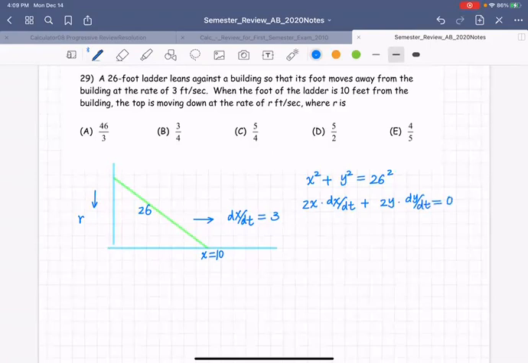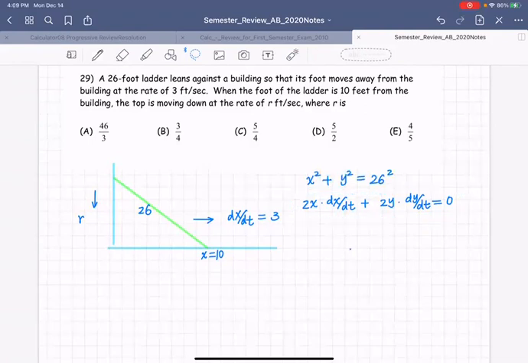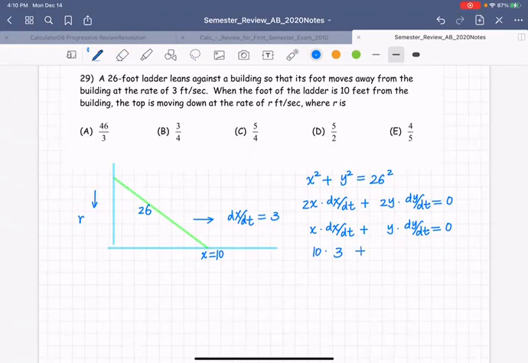Correct. And then I'm going to divide it by 2. Now dx over dt is 3, and x is 10, correct? And then this is the y value.